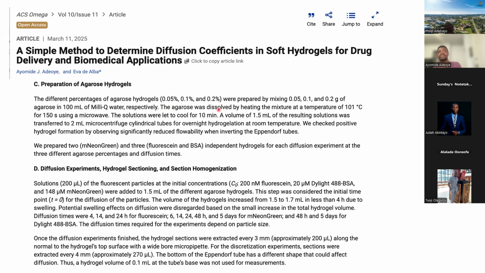The agarose was dissolved by heating the mixture at a temperature of 101 degrees Celsius for 150 seconds using a microwave. In general, your research methodology has to be specific. You have to go into the specific details other people need to know if they want to carry out this project, and how this hydrogel was formed.